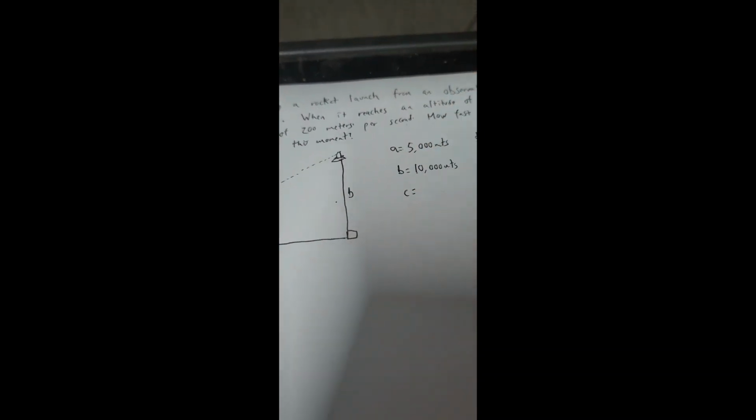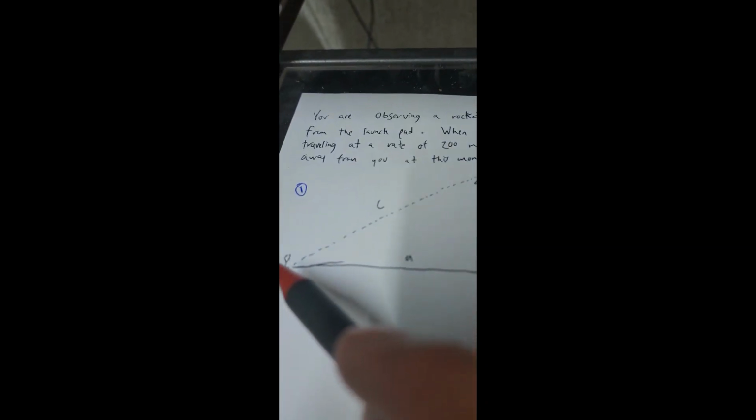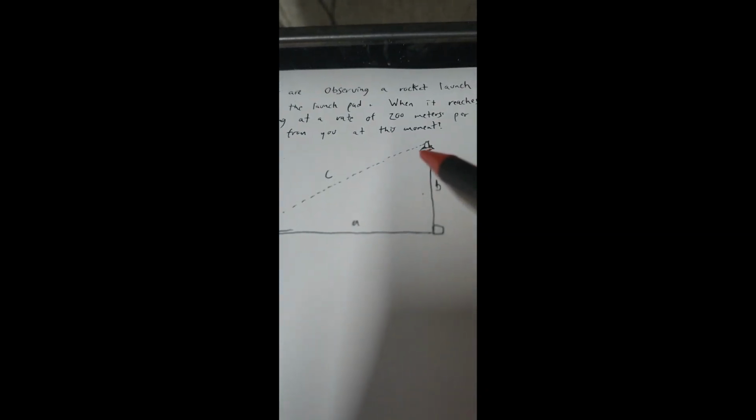And finally the side C. This side represents how far you are from the rocket. It's the hypotenuse, this one, right? We need to find it.